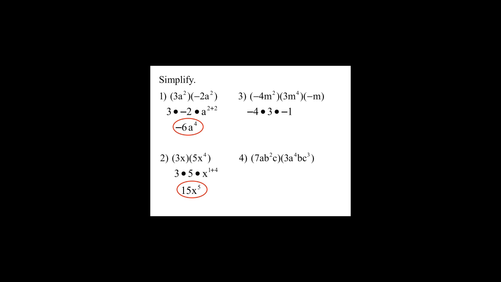Negative 4 times 3 times negative 1 is 12, plus m squared times m squared, plus m to the 4th plus the 1st makes 12 m to the 7th power. Number 4 is going to be 21 a to the 5th, b to the 3rd, c to the 4th.